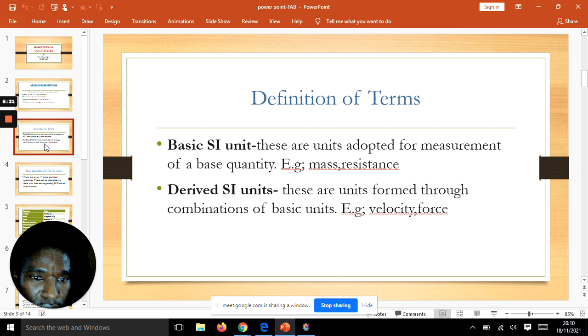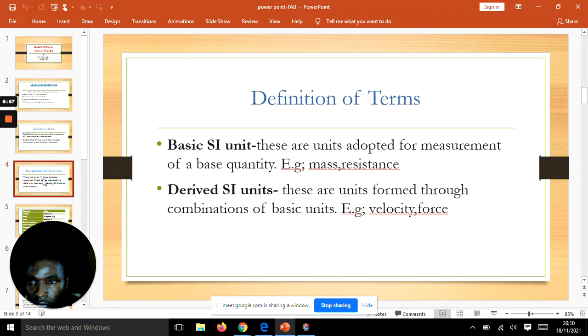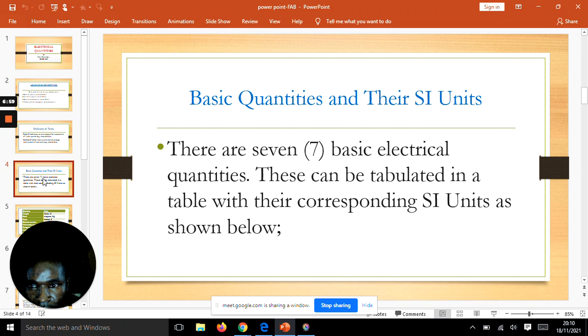If we need to know the unit of velocity, we shall find that it has both the meter and the second. So now that it has combined two basic units, that is length and time, to give us m and s, it qualifies to be a derived unit. Are we together, learners?